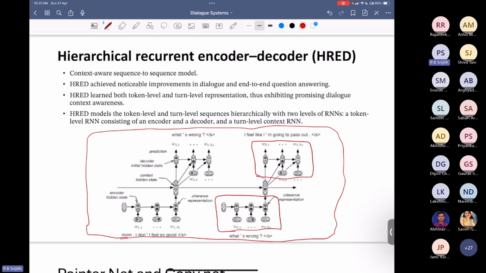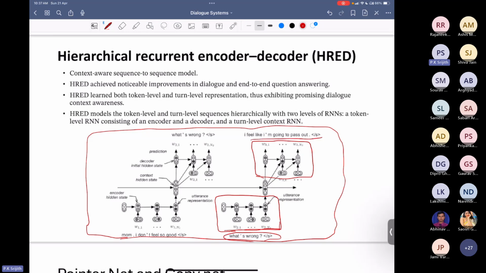What the encoder is doing is considering this user message, something like "what is wrong", and some agent has to generate an output message.